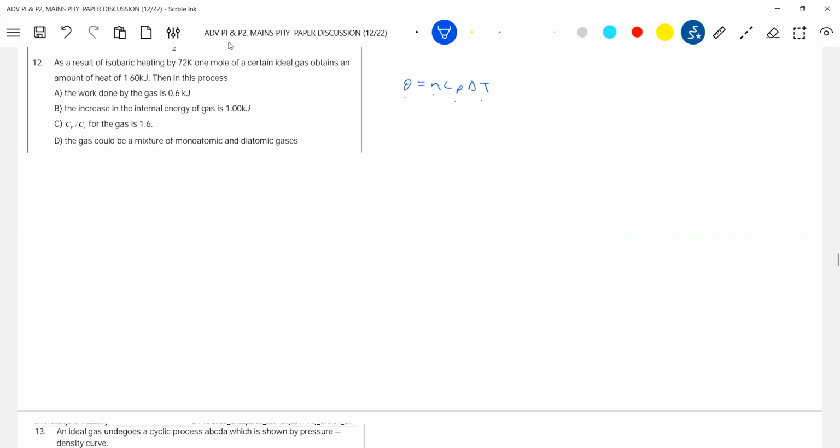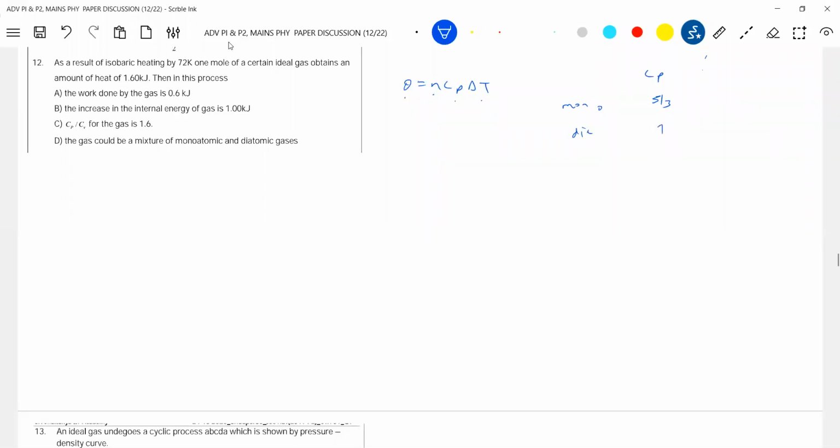If it is only monoatomic gas, what would have been CP? 7/5. Diatomic, sorry, 5/3. CP for monoatomic, how much is it? 5/3. This is for mono.